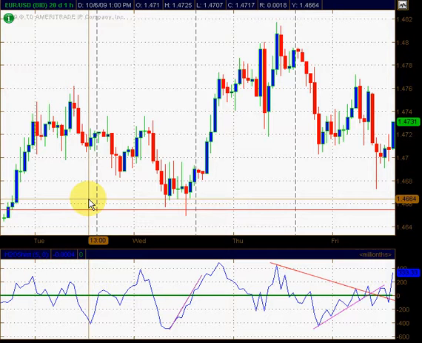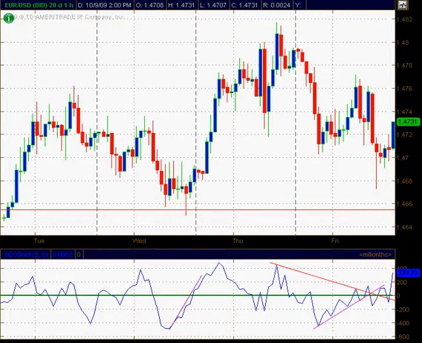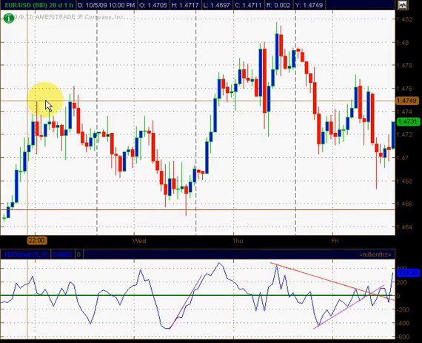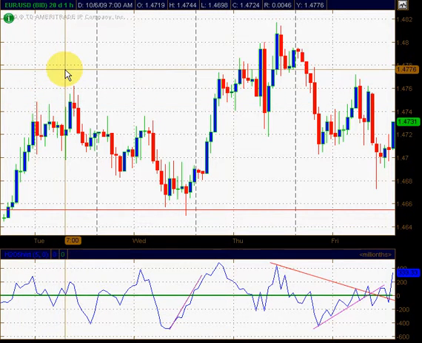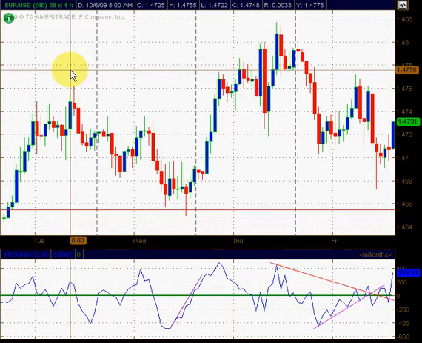This is trading the euro-dollar pair right here on the hourly chart. It's not live at this time. The trading day is over. It's Friday afternoon after the close of the currency market. So please do take a look at those other videos so that you have a handle on how to use this fabulous algorithm. It is really stunning.